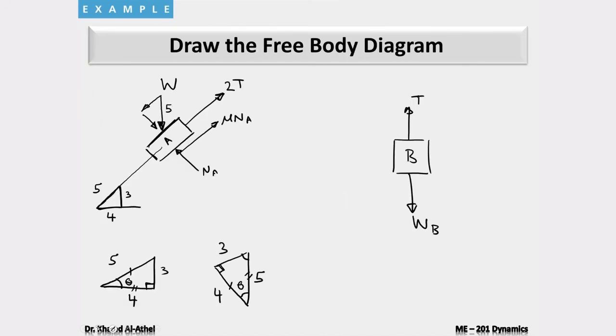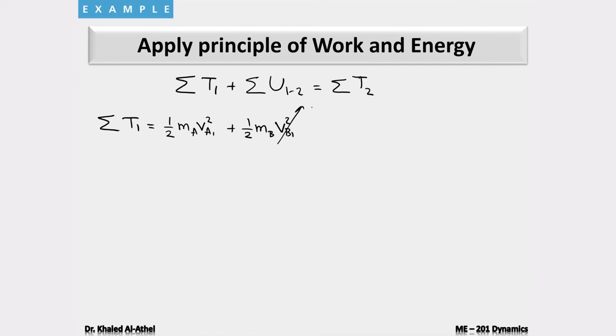Therefore, the initial velocities in this problem are all 0, and T1 becomes 0. Now, let's look at summation of T2. It's basically going to be the same expression, except that instead of 1, I'm using 2. So summation of T2 will equal half MA VA2 square plus half MB VB2 square.